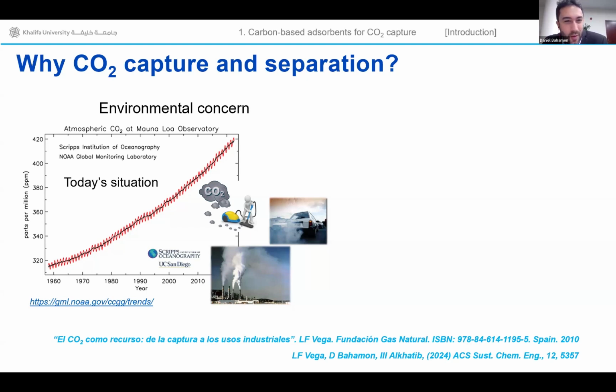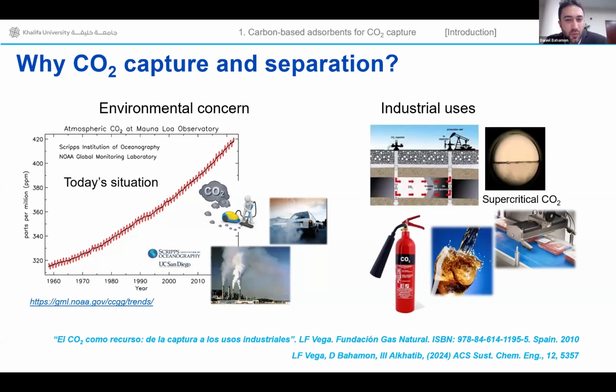But not all of it is bad news. Actually, CO2 is also beneficial because it has many industrial uses, as for extracting oil. It can be used as supercritical CO2 for extracting other very valuable molecules. It can also be used in the food industry, in the soda industry, of course, in extinguishers.